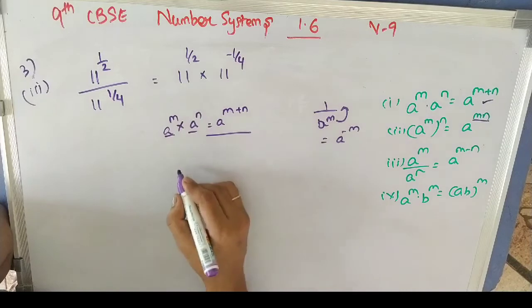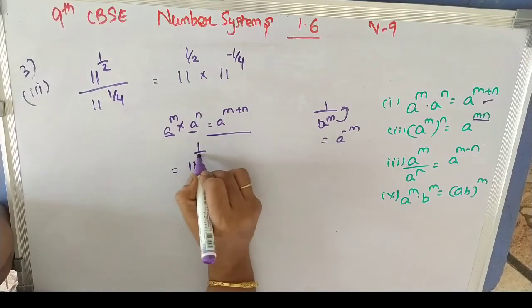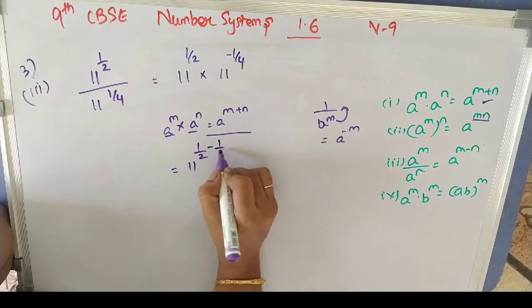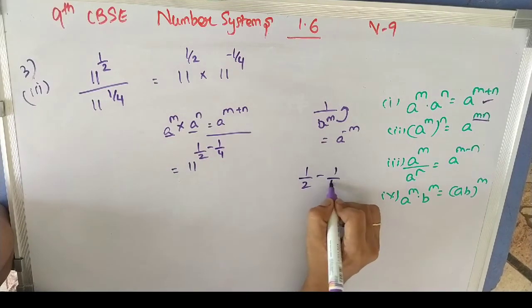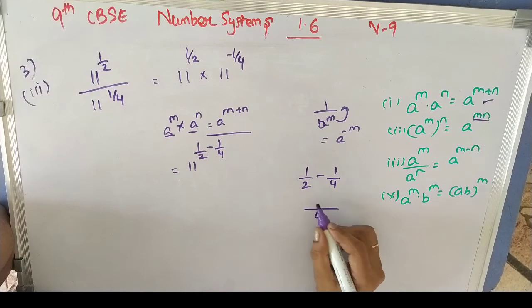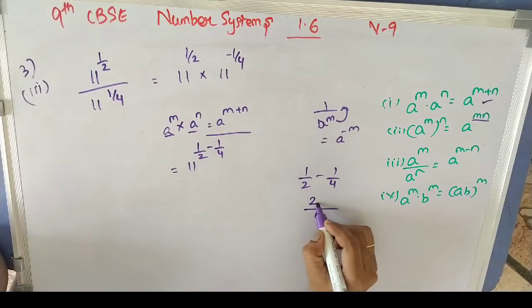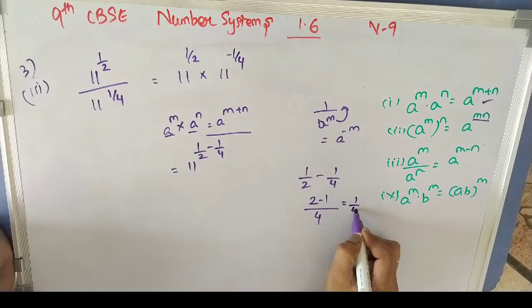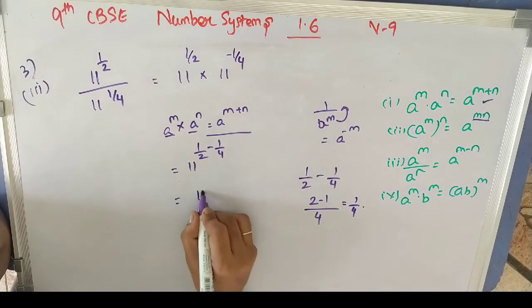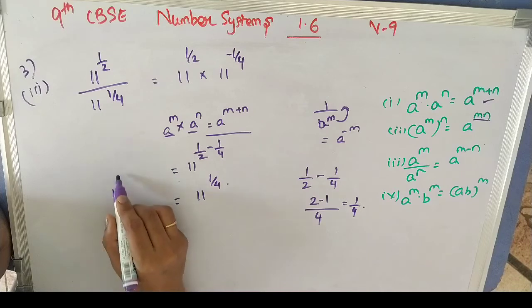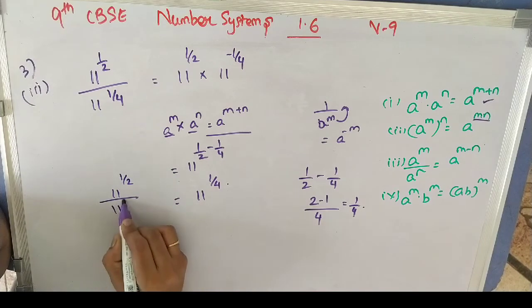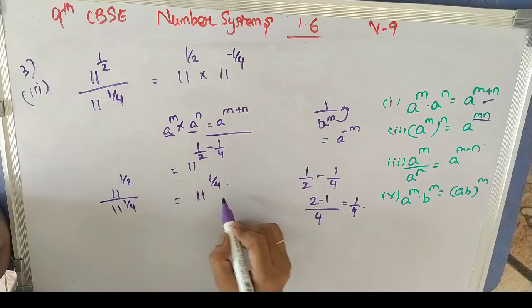A power m into a power n is a power m plus n, but here it is division, so we get m minus n. So 11 power 1 by 2 minus 1 by 4. 1 by 2 minus 1 by 4 is 1 by 4, isn't it? So 11 power 1 by 2 by 11 power 1 by 4, we get 11 power 1 by 4.